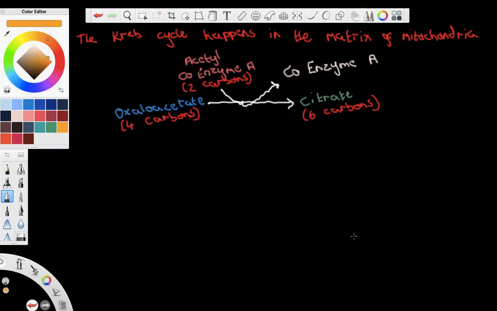The citrate is then converted into a molecule known as alpha-ketoglutarate. Okay? Now, it doesn't just become alpha-ketoglutarate, okay?